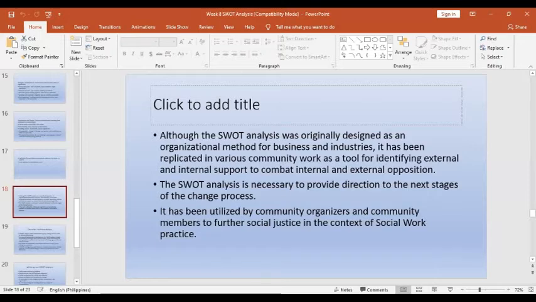The SWOT analysis is necessary to provide direction to the next stage of the change process. The SWOT analysis is utilized by community organizers and community members to further social justice in the context of social work practices. So that is the use of the SWOT analysis.